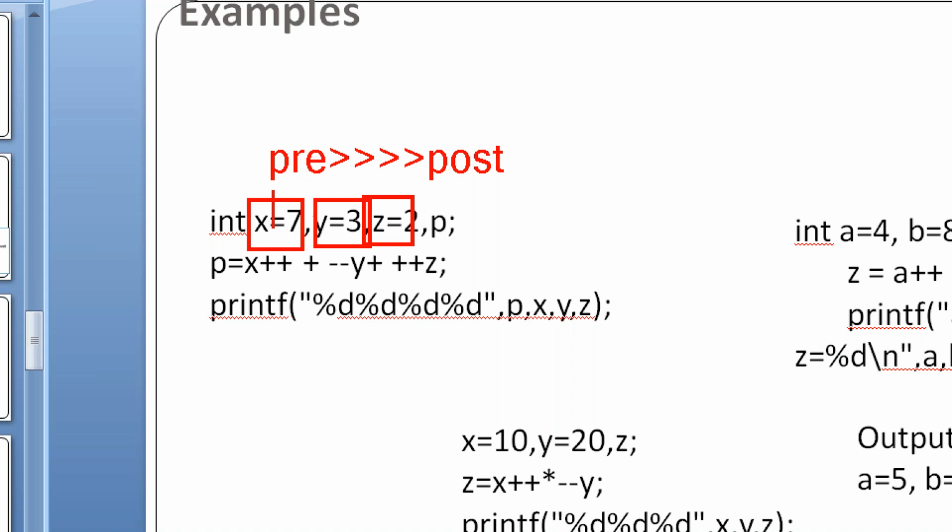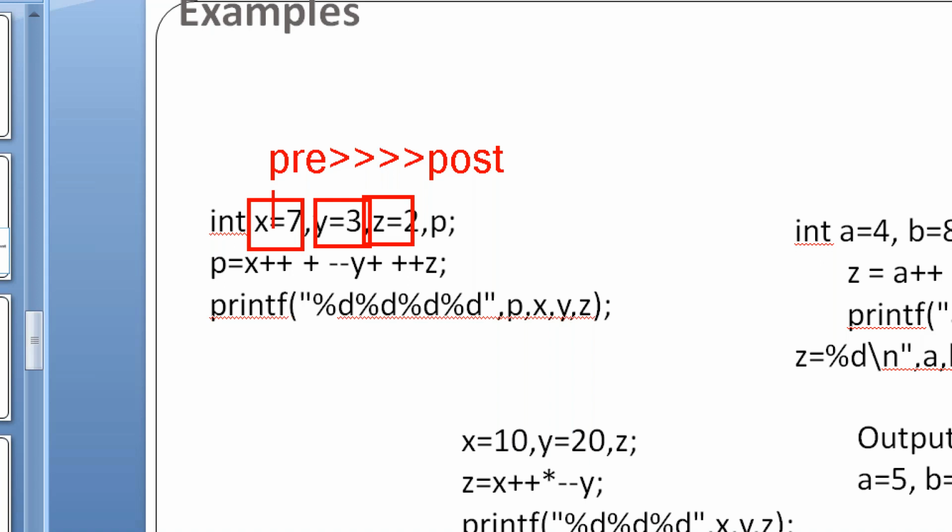Also, pre and post increment are always expanded from right to left, not left to right. Only the assignment operator and the pre and post unary operators are expanded from right to left, and the remaining are expanded from left to right only.